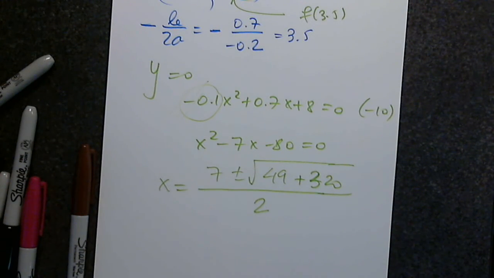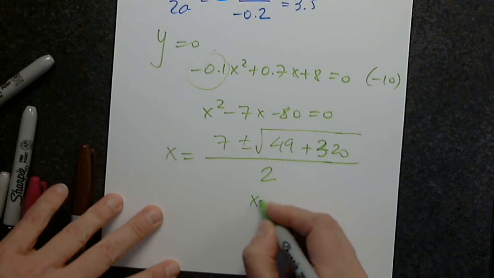So plus 320. Close the parenthesis, go outside, close, and divide by 2. That's one. And the other one will be negative. As expected. So disregard the negative one.